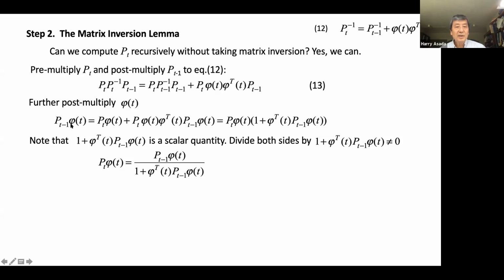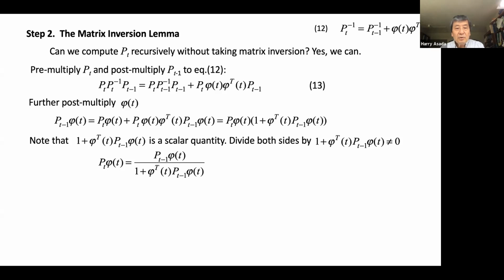So we got this equation, right? So PT minus 1 equal PT plus something like this. To that, we further post-multiply phi t from the right. So PT minus 1 phi t, PT phi t, and then here PT phi t transpose PT minus 1, and then I put the phi at the last position, right?